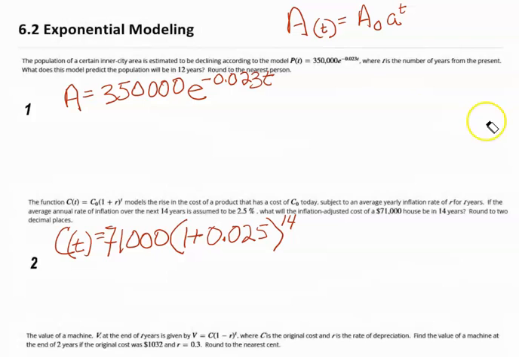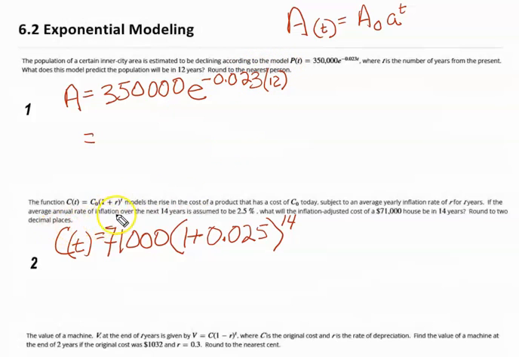I should actually put for our t here 12 years, okay. But using this general formula, I've written it big, and you want to put that in your calculator and round to the nearest whole person.